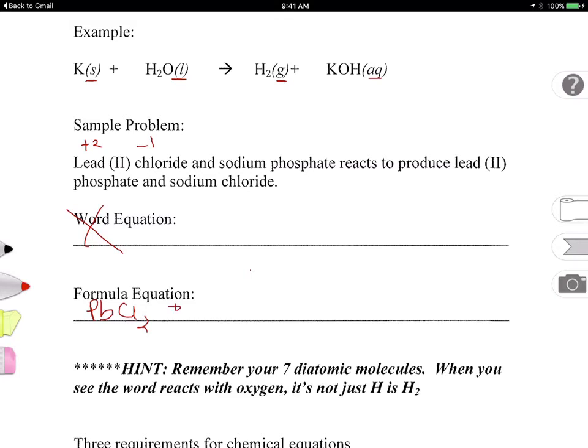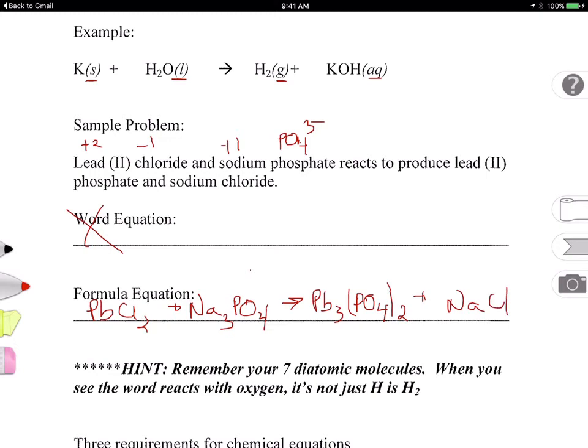Sodium is +1, and phosphate is PO4 with a 3-, which is going to make this Na3PO4. Reacts to produce lead II phosphate, which is going to be Pb3(PO4)2, and sodium chloride, NaCl. And there is your formula equation.